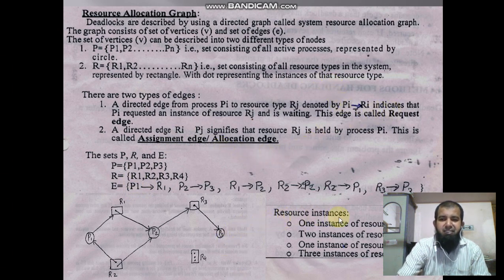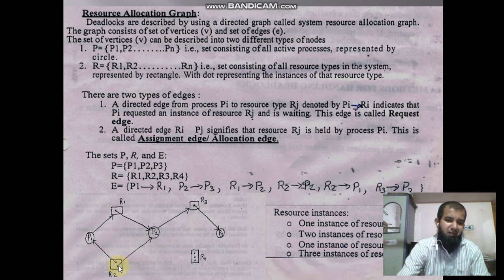Next, resource instances. How many instances are there? Here R1 has only one instance. Here resource type R2 has two instances, here only one instance, and here three instances. If there are two instances, P1 holds one resource and P2 holds one more.